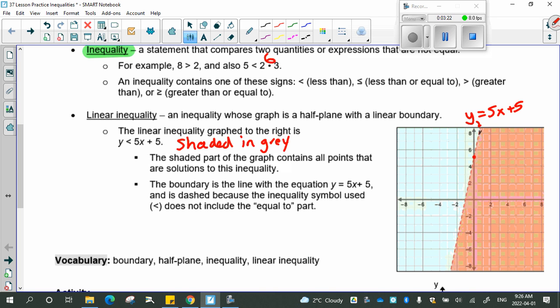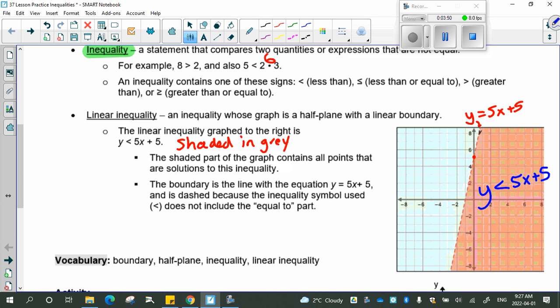Okay? So here's our boundary line, and this half plane is the half plane y is less than 5x plus 5. So here's my 5x plus 5 line.